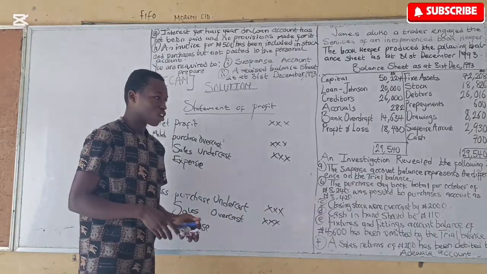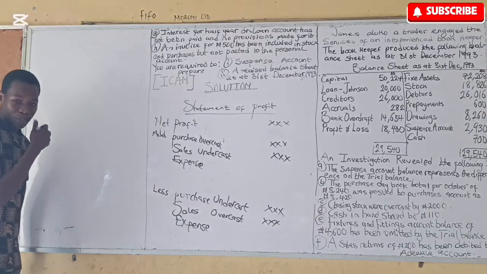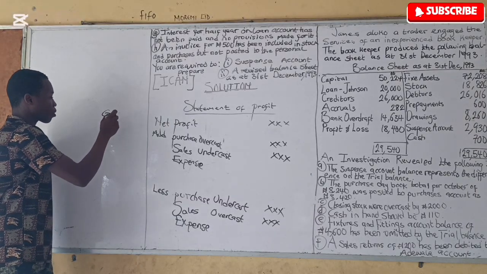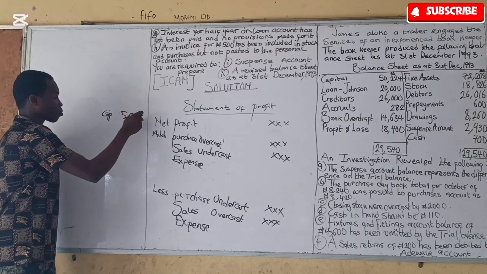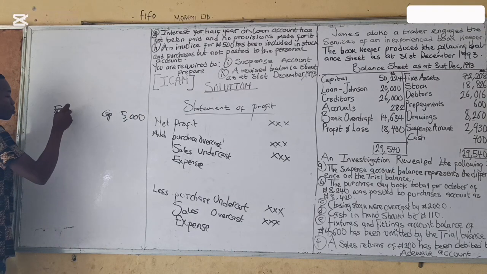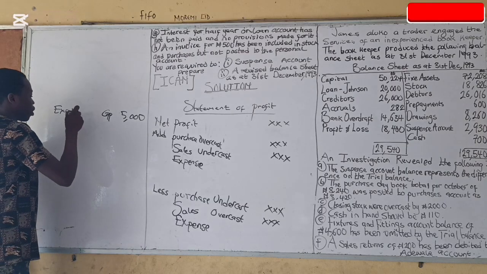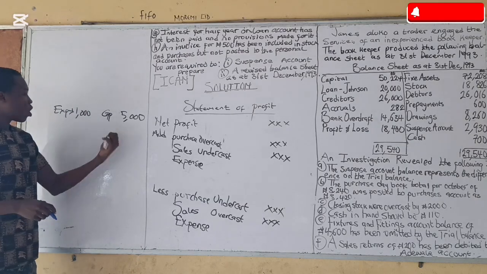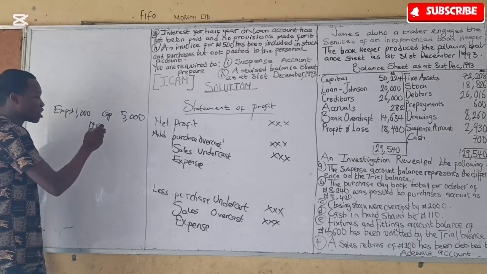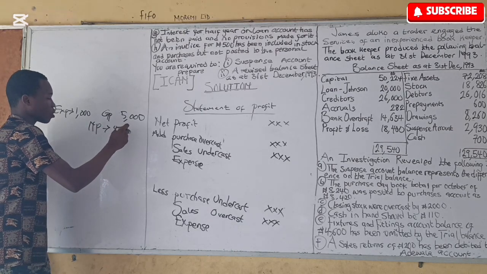So for expenses, let me just move to that P&L account. If your income or your gross profit is 5,000 naira and your expenses is 1,000 naira, what is going to be your net profit? When you subtract it, that's 4,000, right?